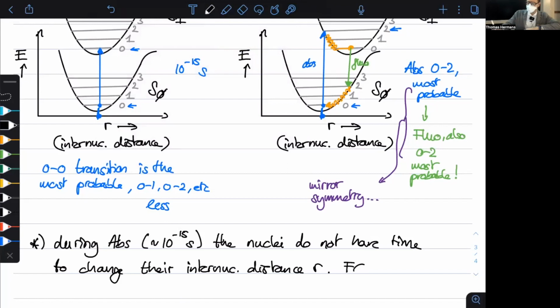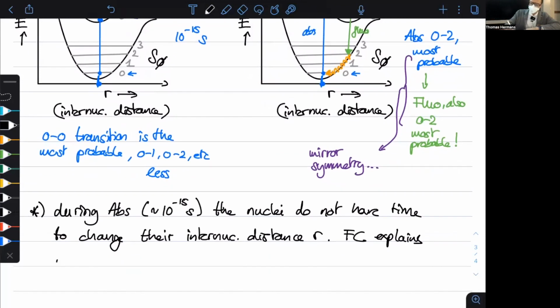So this Franck-Condon principle explains, kind of in a graphical way, which vibronic transitions are the most probable.